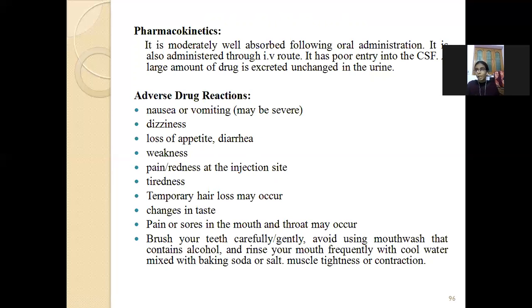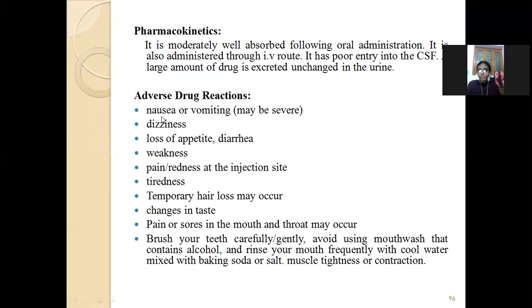It has poor entry into the cerebrospinal fluid.